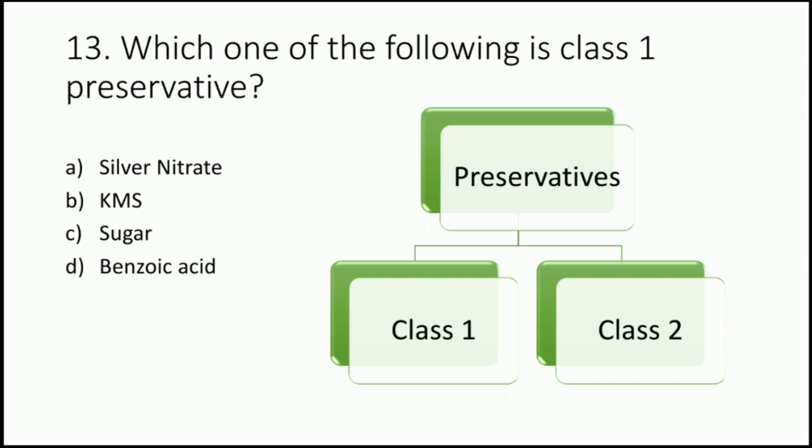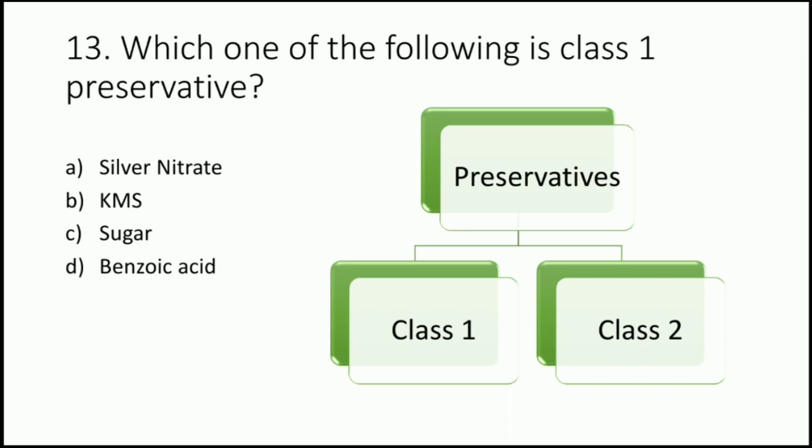Class 1 preservatives are all those preservatives which are natural. In the kitchen, the natural spices, the natural compounds which are present, for example, salt, sugar, oil, all these are class 1 preservatives, while class 2 preservatives are all the various synthetic chemicals which we use in our food system to improve the shelf life.